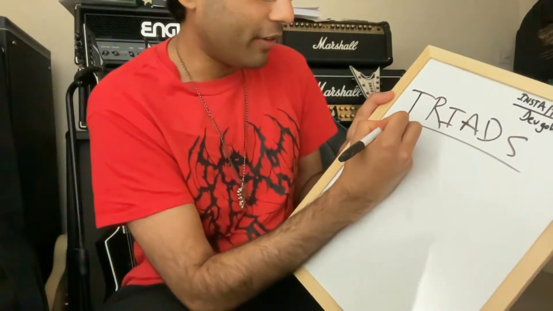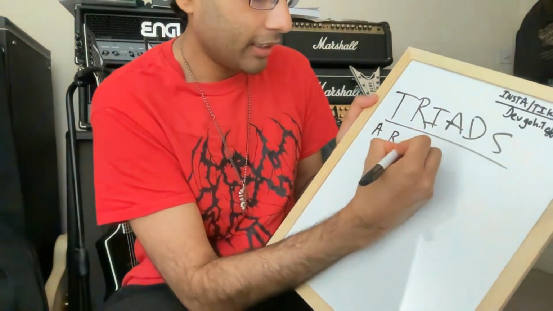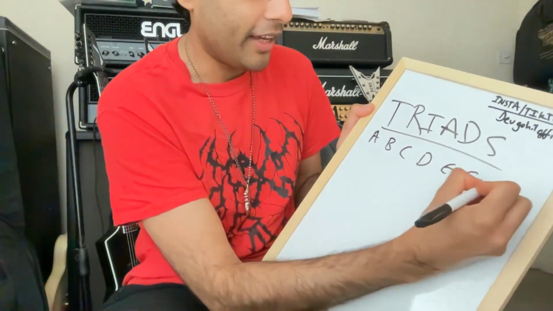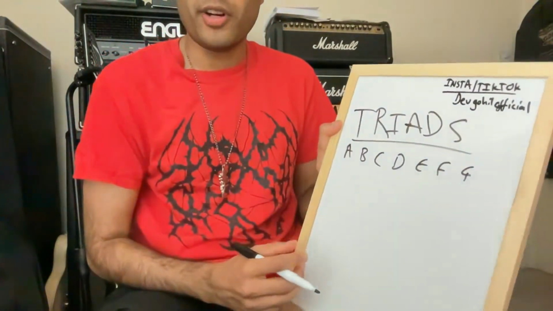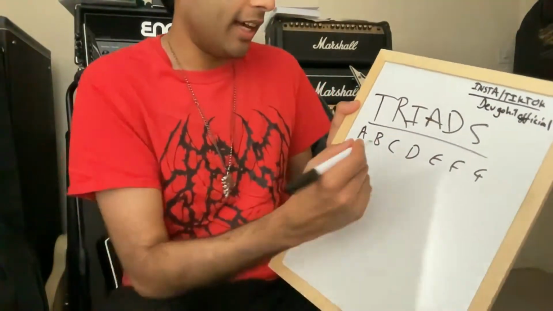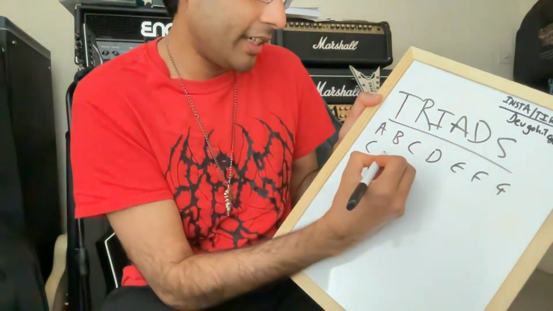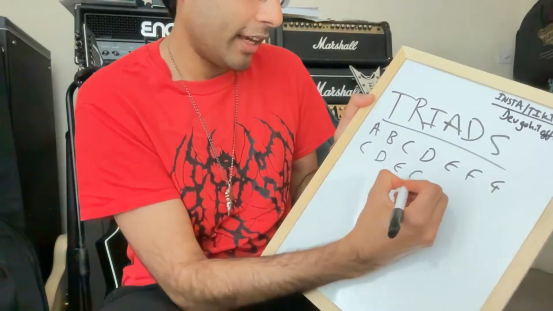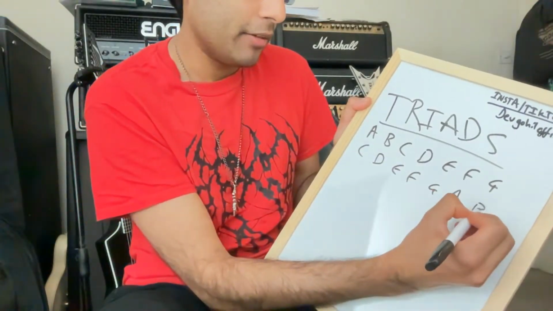Okay, so if you have a pen and paper, this is where all of the triad knowledge is going to be coming from. So yeah, we've got C, D, E, F, G, A, and B.